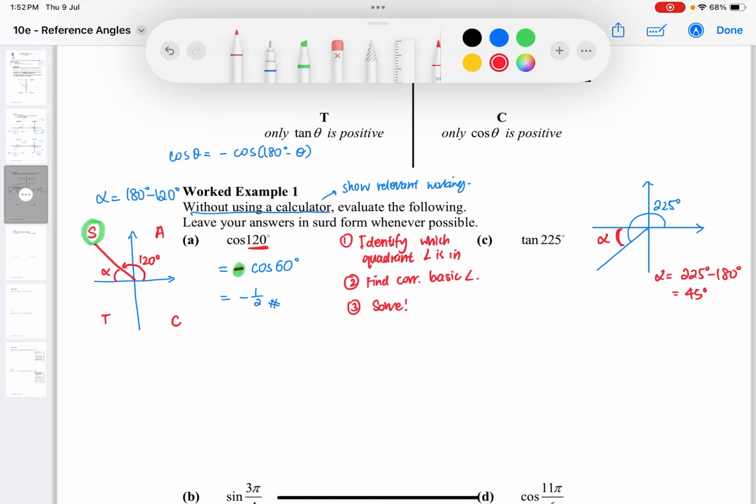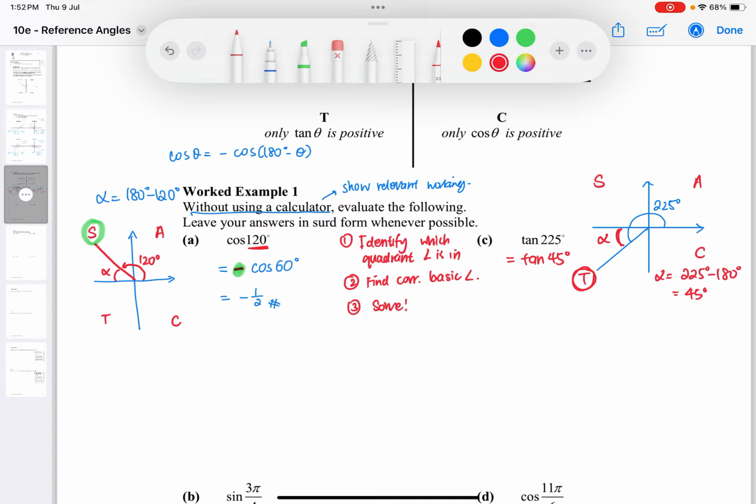Okay, and in the four quadrants, let's look at the sign now. A, S, T, C, right? In the third quadrant, where our angle is, tangent is positive. Therefore, tangent 225 is positive tangent 45.